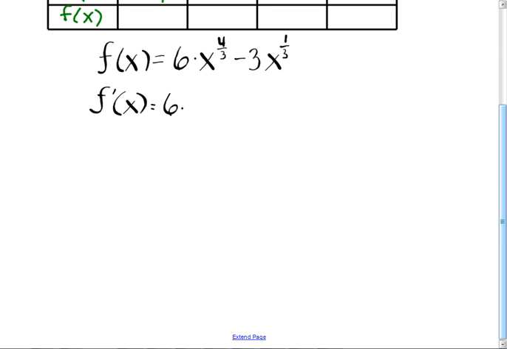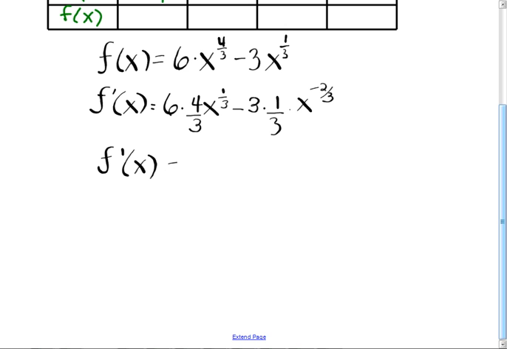I'm just going to take that derivative, which is 4/3, x to the 1/3. Minus 3 times 1/3, which is going to give me 1, times x to the -2/3. So f prime of x, somebody was already telling me 24/3 is just 8.